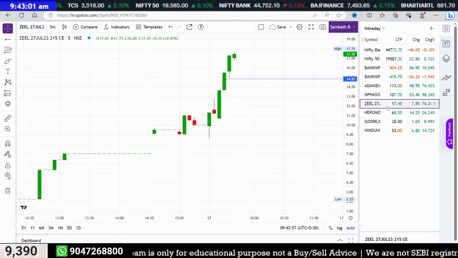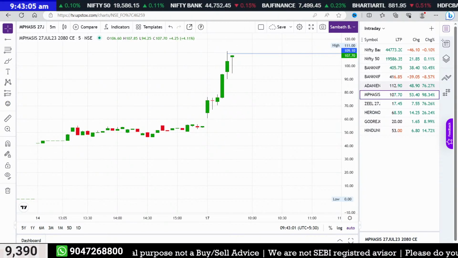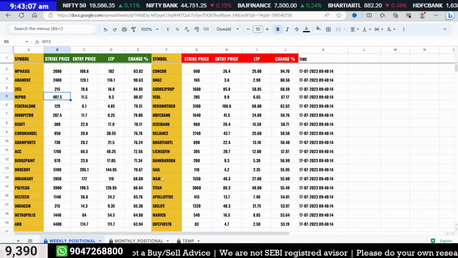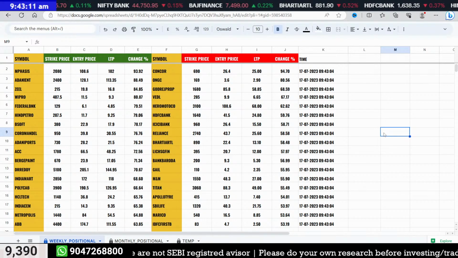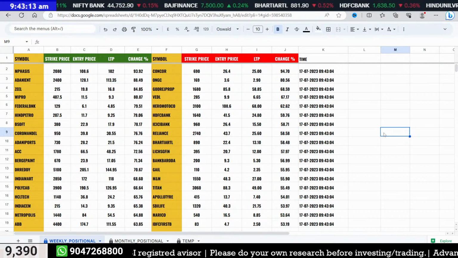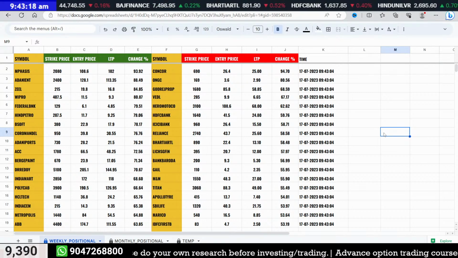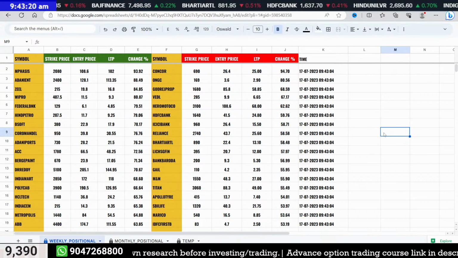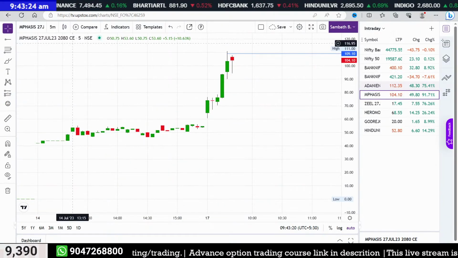Still, we missed a quick move. And MPS is at the same price for a weekly breakout. Any other stock near that weekly breakout? Adani Enterprise and Zee Entertainment 19.8. Wipro almost 11.5, LTP is 9.3. Federal Bank is 6 rupees and above in the top list.